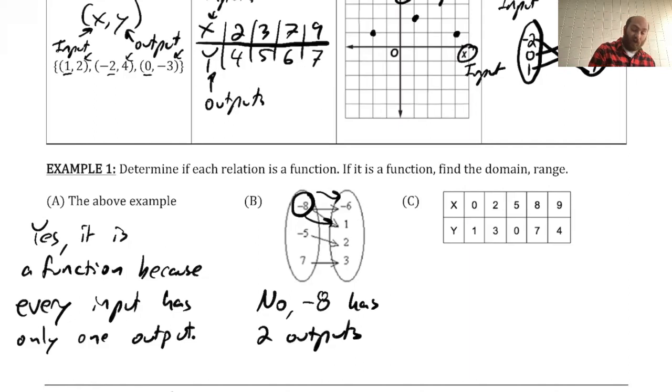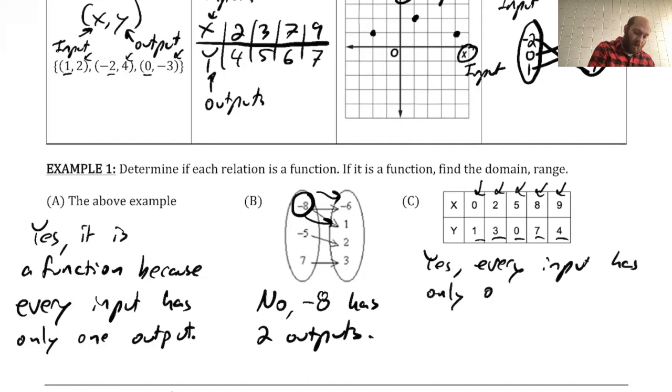So that's no longer a function. And letter C. Look at all my inputs. I got 0, 2, 5, 8, 9. The numbers they go to are 1, 3, 0, 7, 4. So yes, every input has only one output.